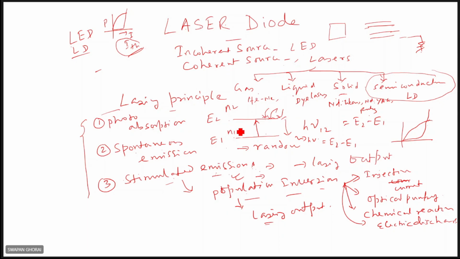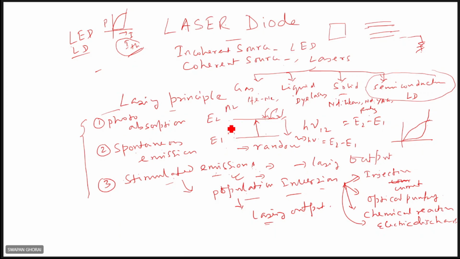But initially, there will be no carriers, no active centers, in the upper energy levels, because every particle or object will try to remain in the lower potential energy. So in normal conditions, E1 will be highly populated.